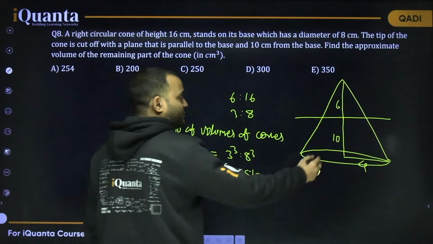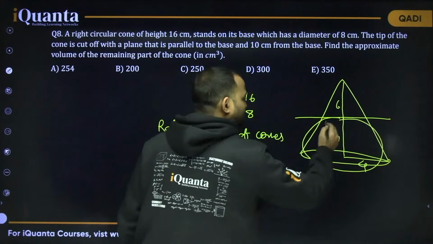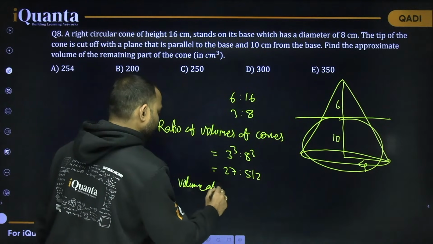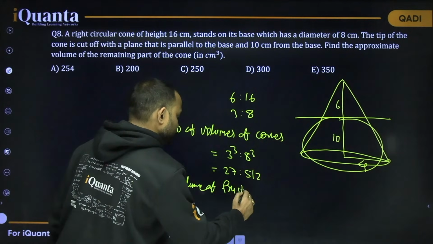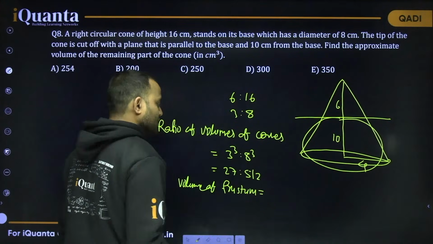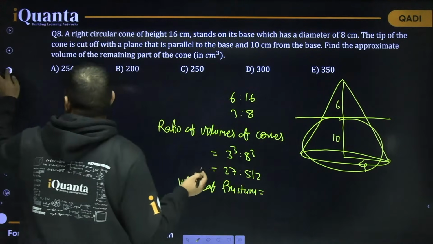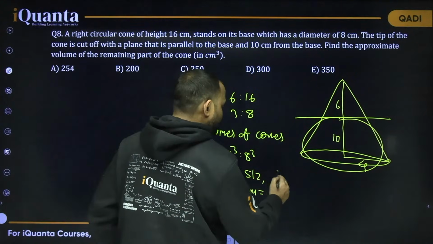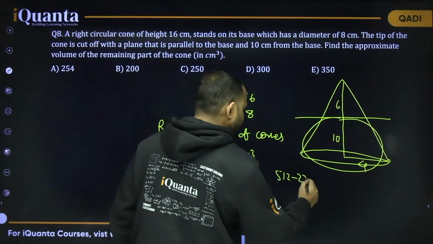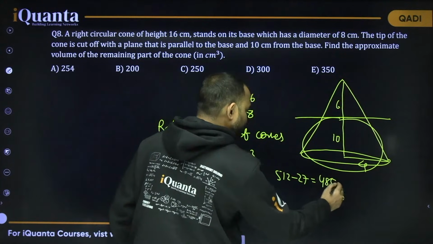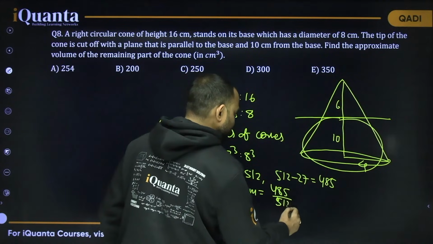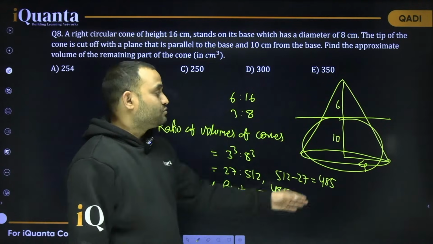So what will be the volume of this part, the volume of the frustum? The volume of the frustum will be equal to 512 minus 27, which is 485. So this will become 485 upon 512 into the volume of this cone.